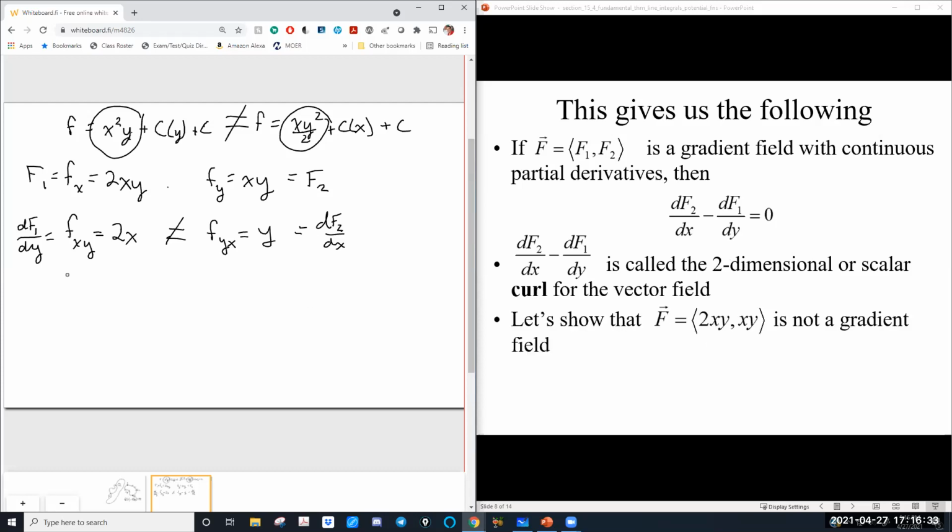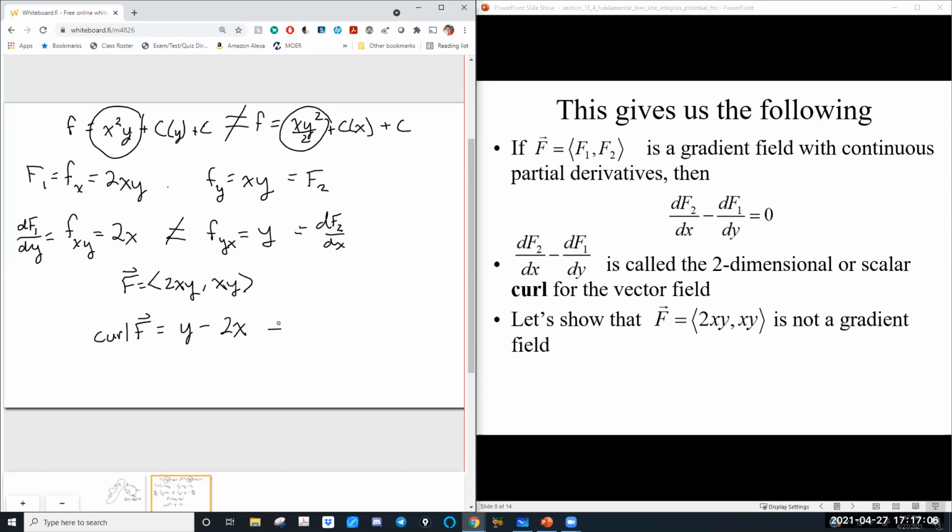So we actually did this up here. We just didn't do it formally. What we would do is take our vector field, which was 2xy, comma xy, and calculate the curl, which is the derivative of xy with respect to x minus the derivative of 2xy with respect to y.